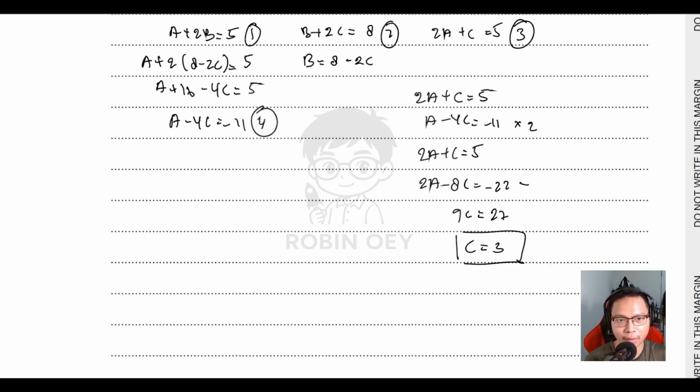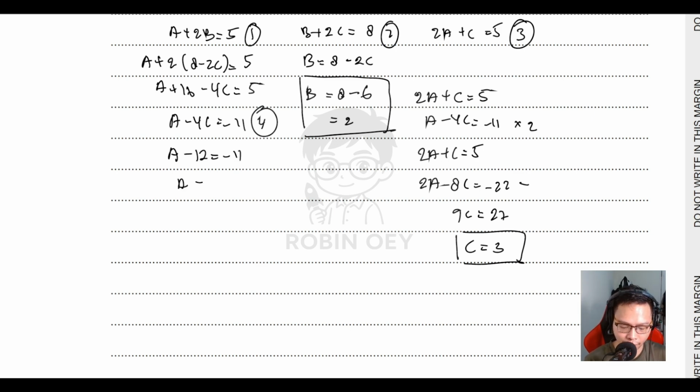Now we go back to the second one. So b equals 8 minus 2c, so b equals 8 minus 6, which is 2. So I got the second one, b. And for the first one, a minus 4c equals negative 11, so a minus 12 equals negative 11.